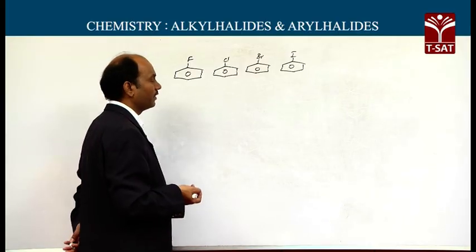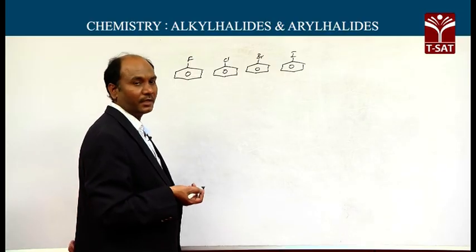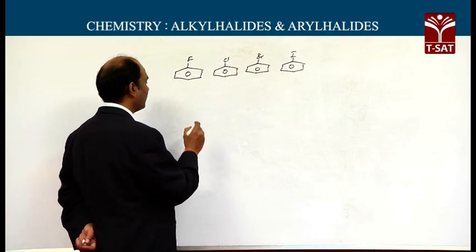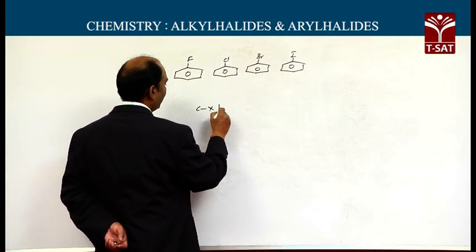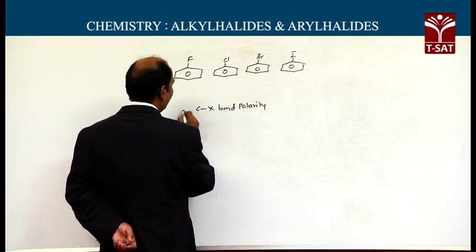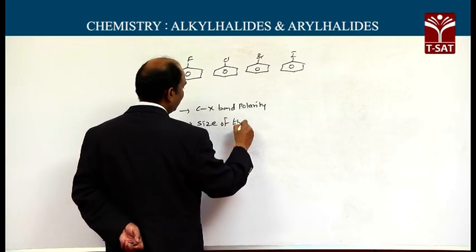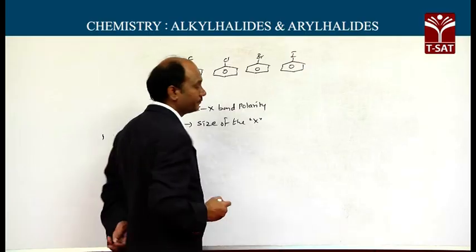Actually, in aromatic nucleophilic substitution reaction, the slow step is the rate determining step, which mainly depends on the C-X bond polarity, and the second one is the size of the halogen atom.